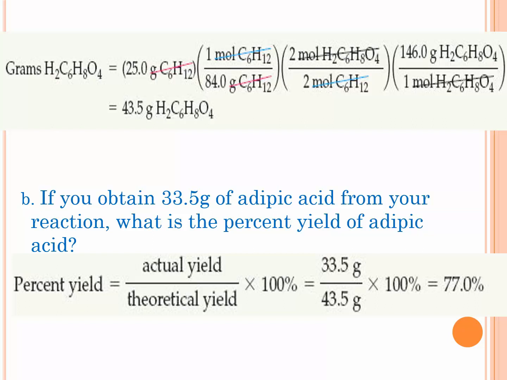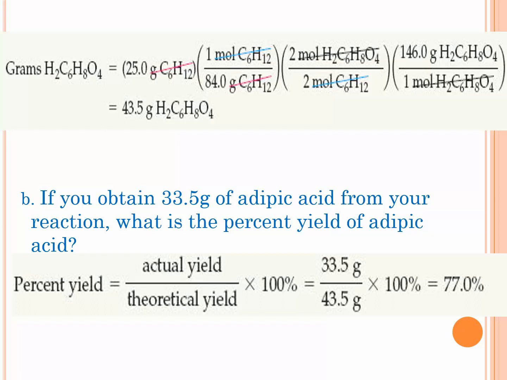Notice that here 146 is the molecular weight of adipic acid, and you get 43.5 gram of adipic acid. Now, this is called the theoretical yield, the one we calculate, as you can see.